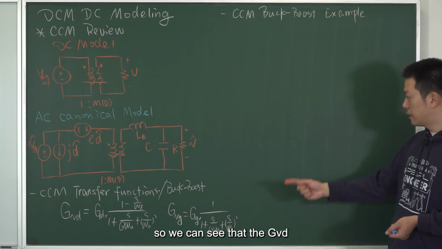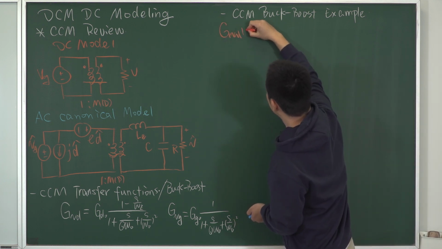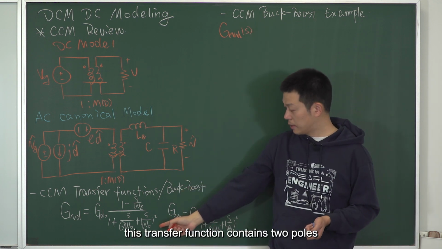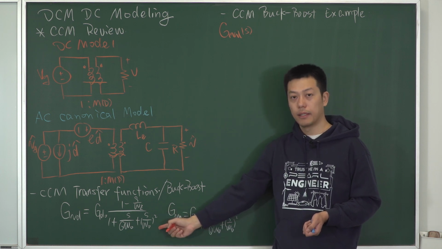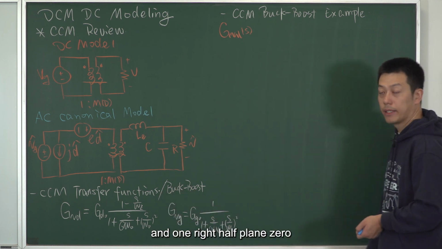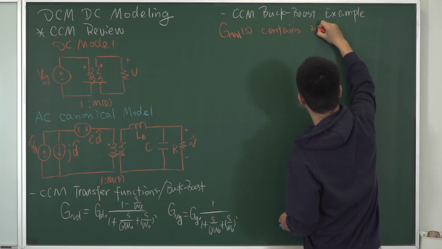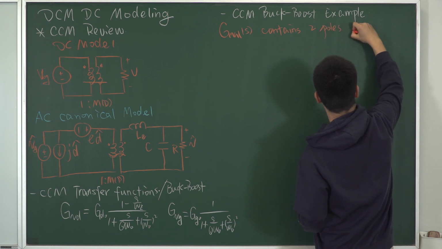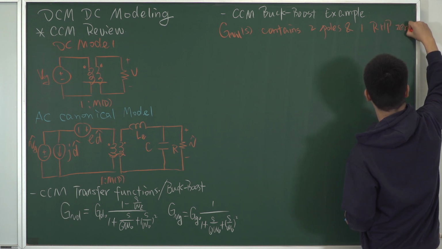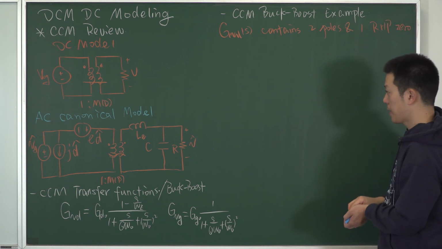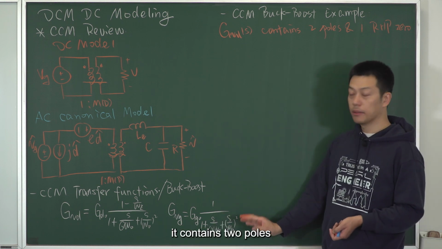We can see that GVD contains 2 poles and 1 right half plane zero. And GVG contains 2 poles.